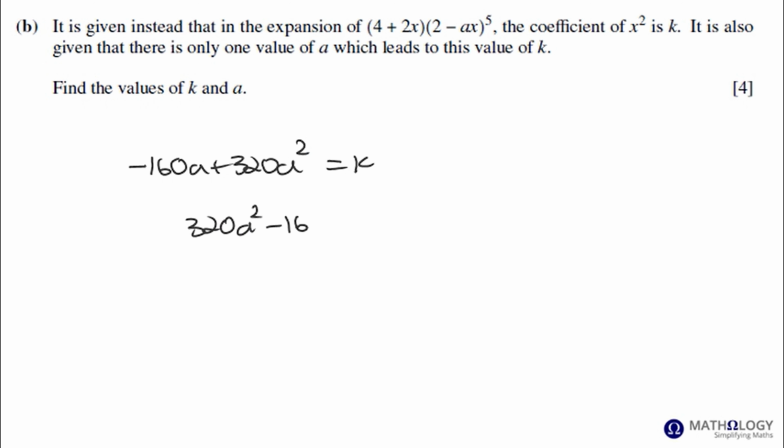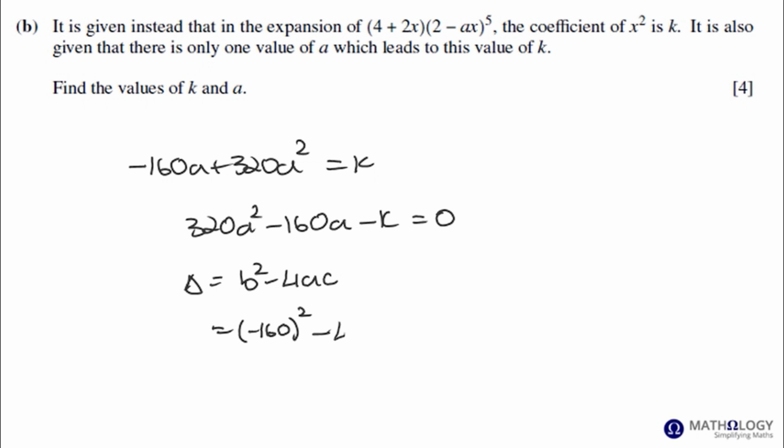So we still write this in standard quadratic form, and we now determine an expression for the discriminant, b squared − 4ac. So that'll be (−160) squared − 4 times 320 times (−k), so delta equals 25600 + 1280k.